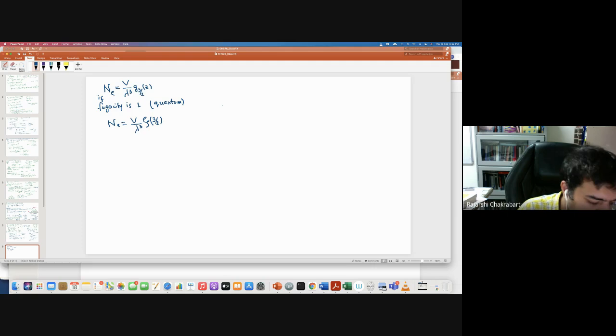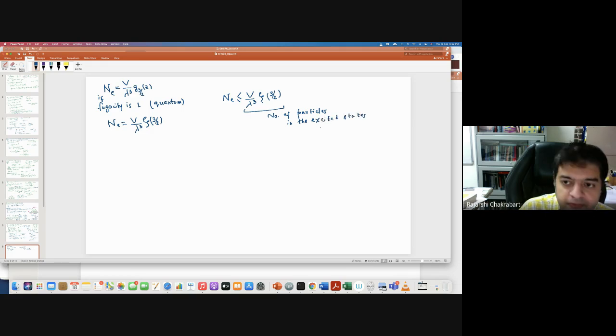So basically, I can write in general that Ne has to be less than or equal to V by lambda cube zeta 3 by 2. This is the number of particles in the excited state at z equal to 1.